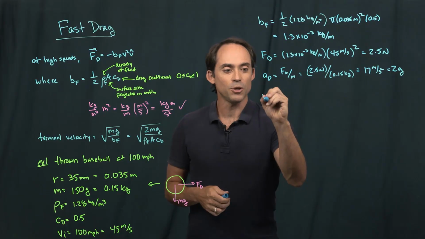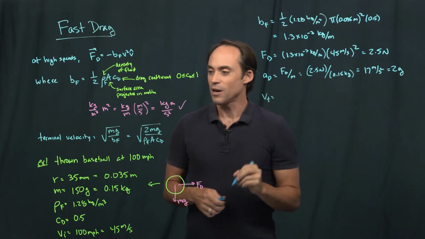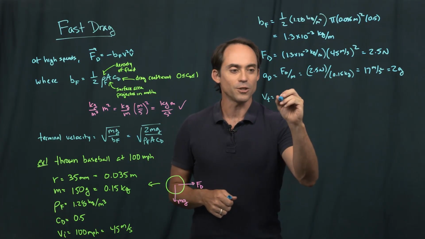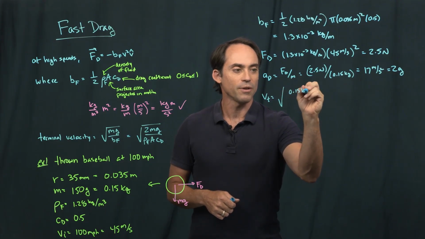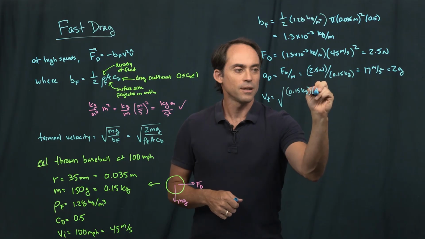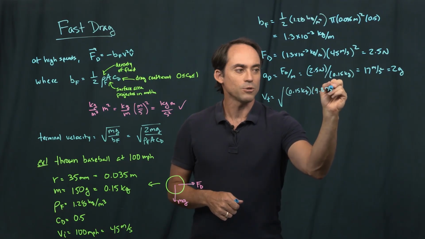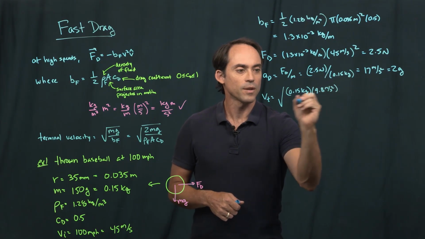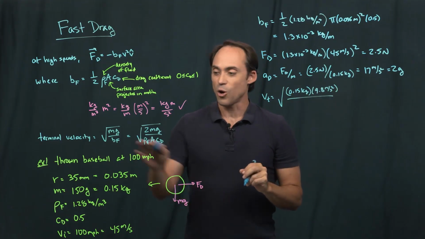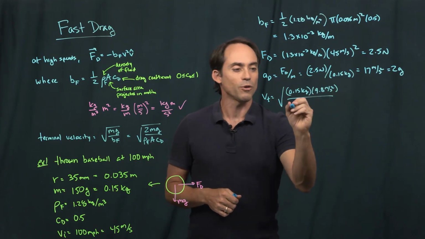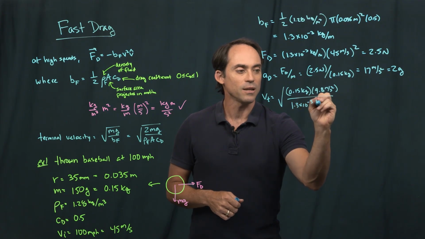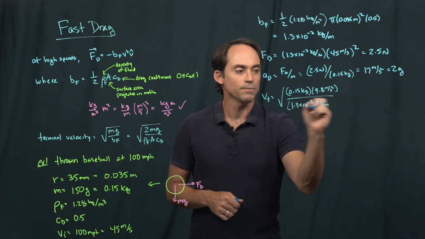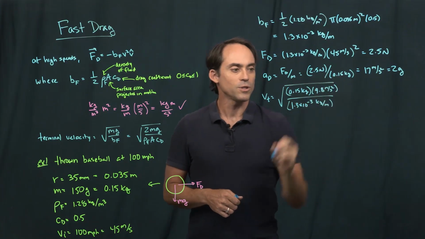All right, so now let's compute the terminal velocity. All right, we've got our expression here. In fact, we can just use our mg, which is 0.15 kilograms times 9.8 meters per second squared, divided by our coefficient of fast friction, which we've already calculated as 1.3 times 10 to the minus 3 kilograms per meter, square root.